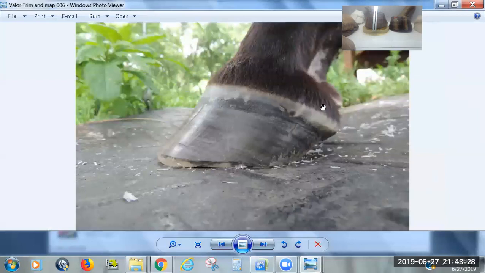But all of this had released and popped out the back, and I freaked out because I thought, oh my God, his heels ran forward. What happened? But it wasn't his heels. It was that internal anatomy. Finally, that frog stay that was growing up between those bulbs pushed it up and out and expanded the foot to what it was supposed to be.